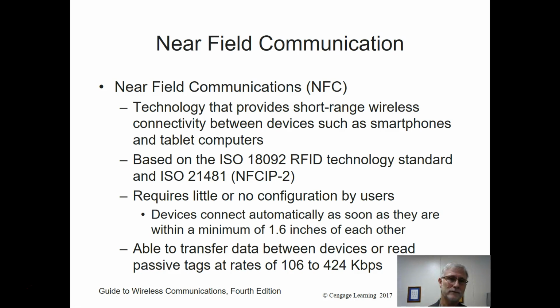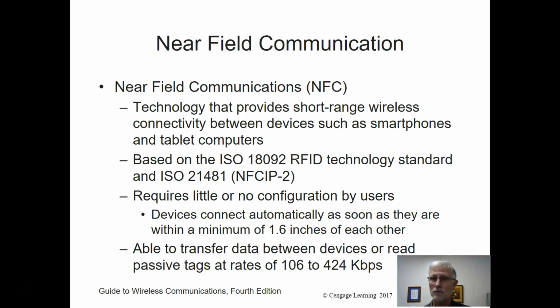Now, another way of communicating with devices is near field. How many of you have used your phone to buy something at McDonald's or tickets, or exchanged songs between two iPhones? That's near field communication.